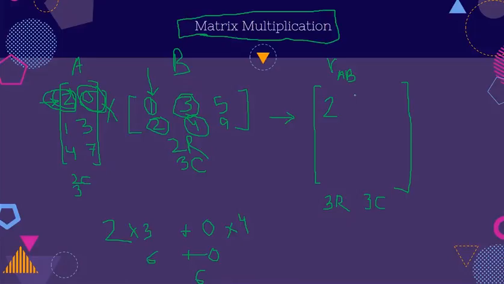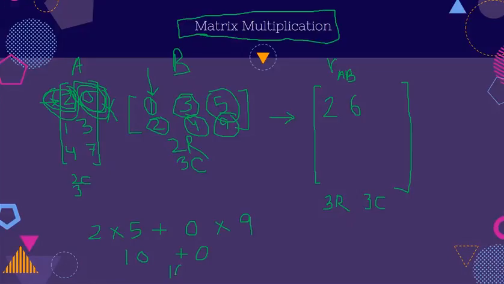So 6 goes in here. Then we do it again. We multiply 2 with 5 and 0 with 9, so we get 10 plus 0, which is 10. That goes here.